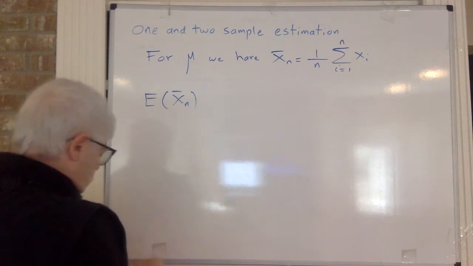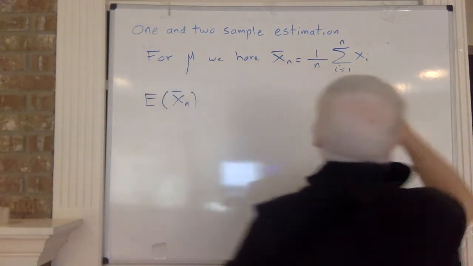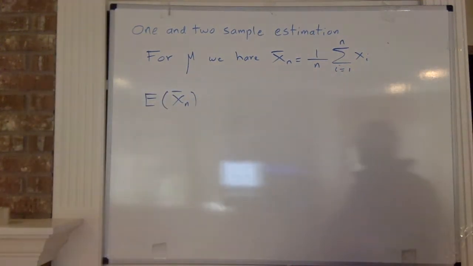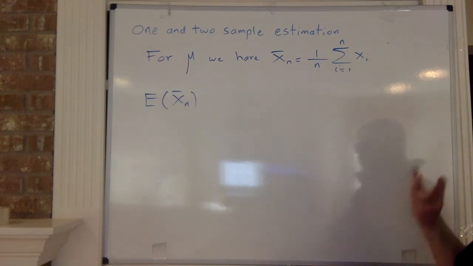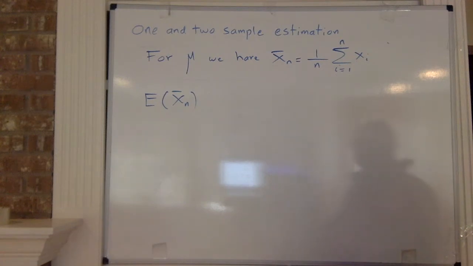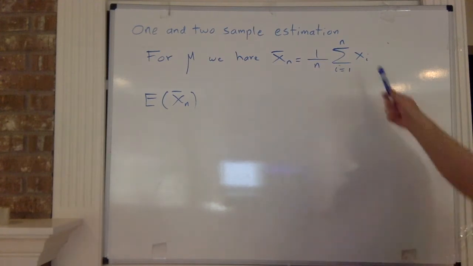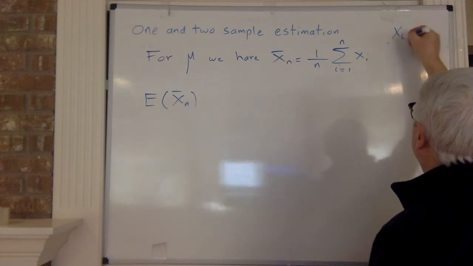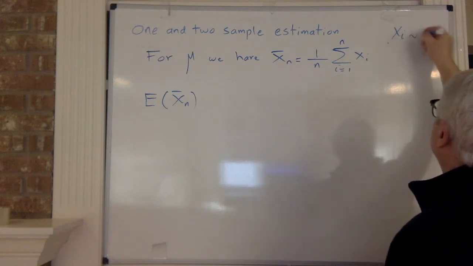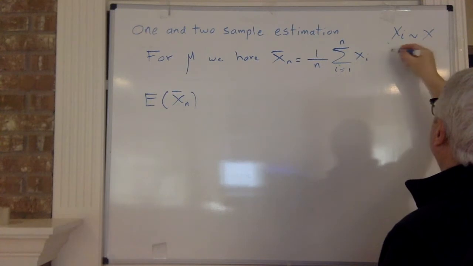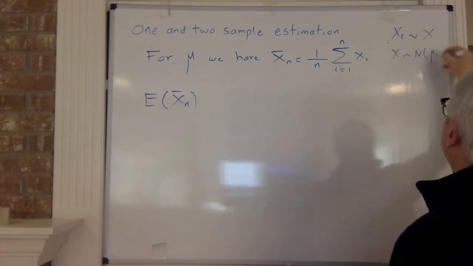Now, first of all, again, I should mention that these xi's, all of them are copies of the x of the population distribution, because we are taking the sample from the population. So each one of them has the distribution of the population, so it has the same parameters. So each xi is the same as x, and x was normal with mu and sigma squared, right?